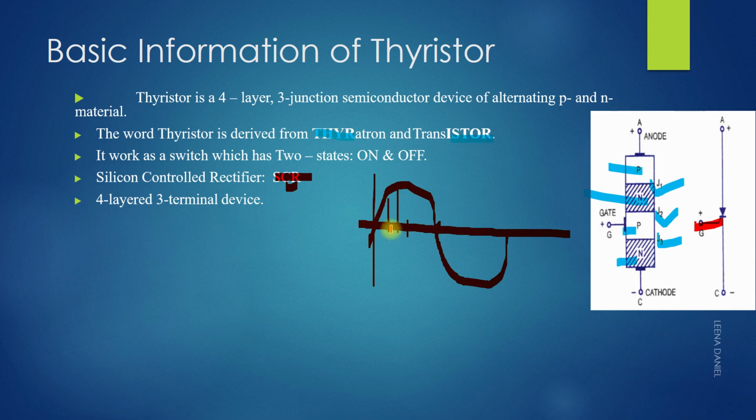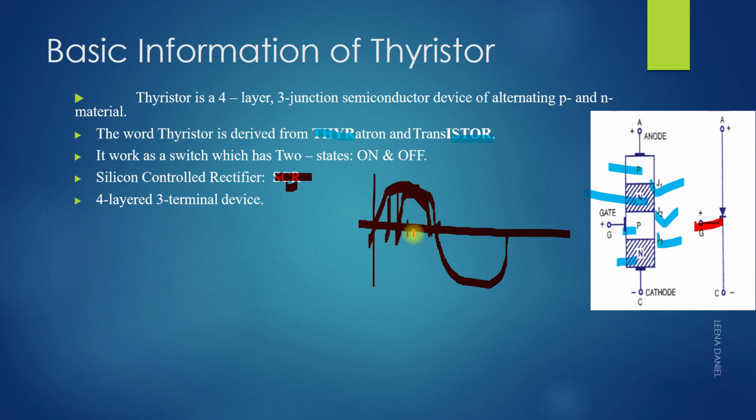If you apply the gate signal at this point, the thyristor will turn on and you will get the output waveform like this. If you turn on the thyristor at this point of the input waveform, you will get the output of this much only.